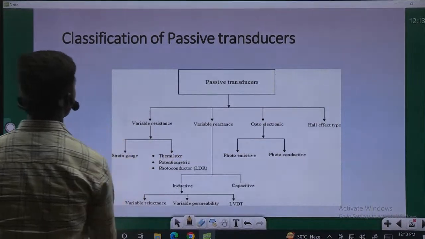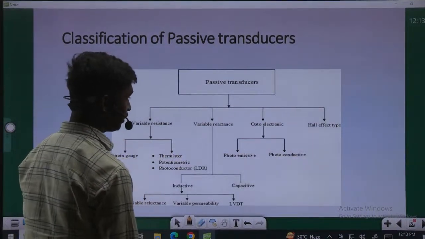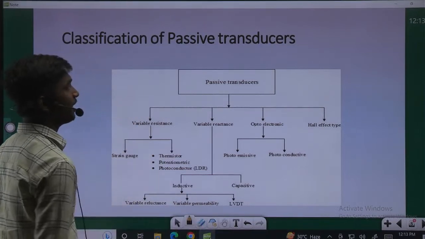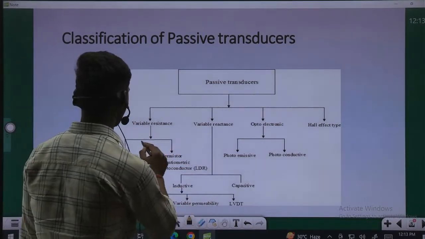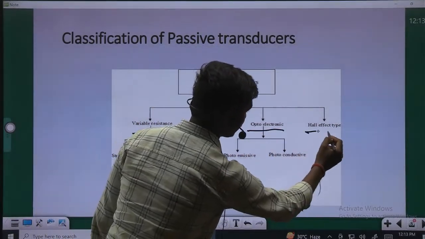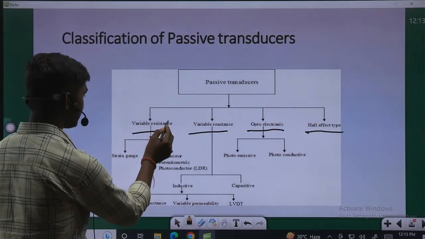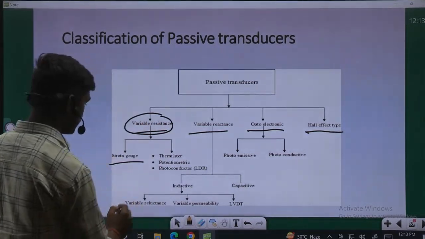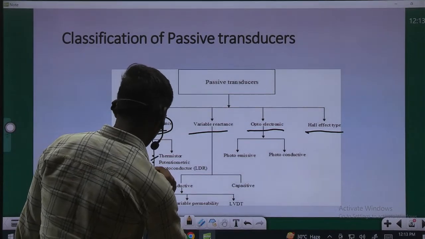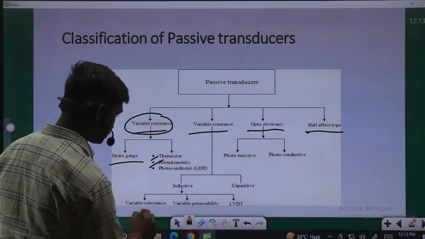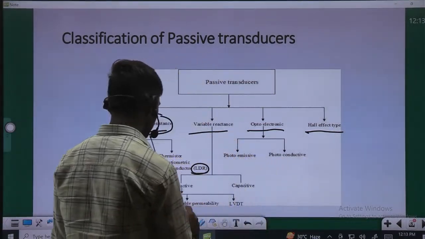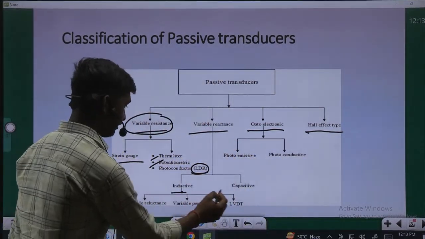Now we will study the classification of passive transducer. Now we will see the theoretical diagram of a passive transducer. Passive transducers have variable resistance, variable reactance, optoelectronics, Hall effect type. Now in variable resistance, there is a strain gauge, thermistor, potentiometric, photoconductor, LDR, and in variable reactance there are 2 types, inductive and capacitive.